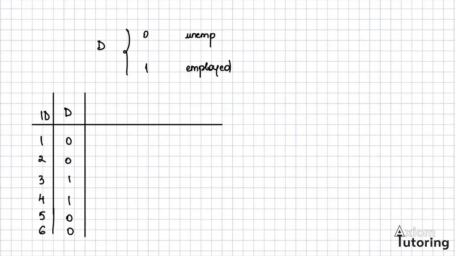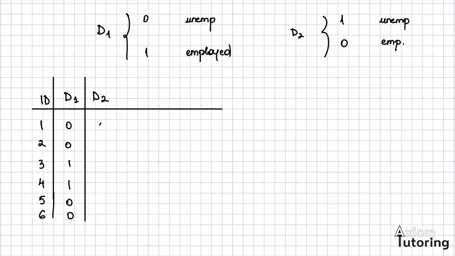If I wanted to create, on top of this dummy 1, a dummy 2, which is 1 for unemployed and 0 for employed, then normally I would have 1, 1, 0, 0, 1, 1.